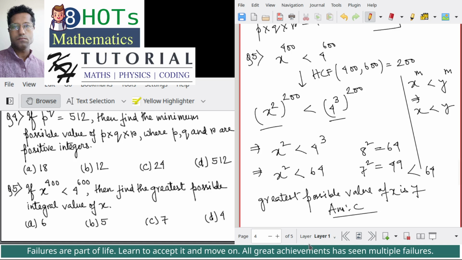Okay, so this was another set of 5 good problems based on comparing exponents. I hope this set of problems will give you a good understanding of how to apply the laws of exponents and the fundamental logic to compare two exponential terms.